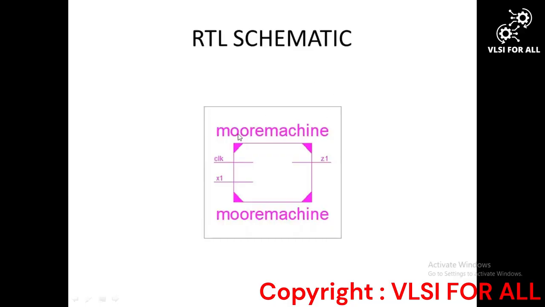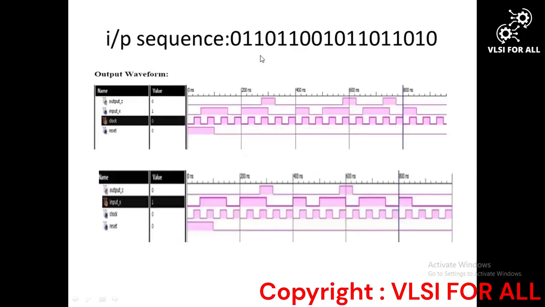So this is the RTL schematic of the Moore machine. Here we have one clock, X1 as our input, and Z1 as the output. For this sequence, this is our input and output. This is the output waveform for the non-overlapping case, and this is the output waveform for the overlapping case that I told you earlier. For the non-overlapping case, it will detect only 2 times, 1011 this one and 1011 this one.